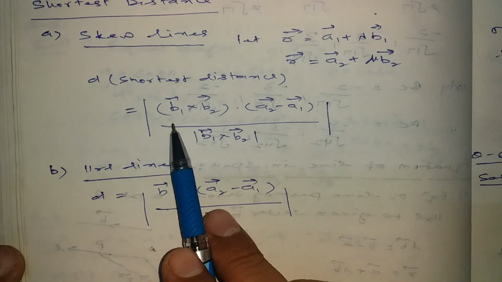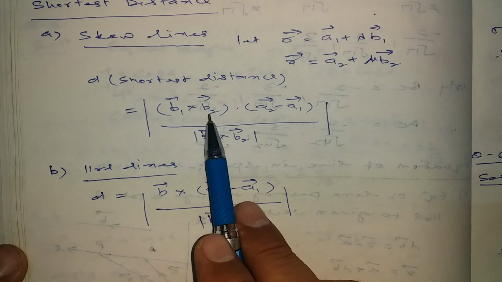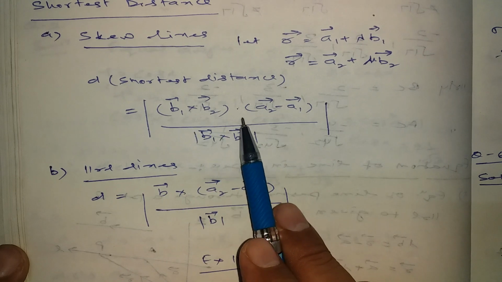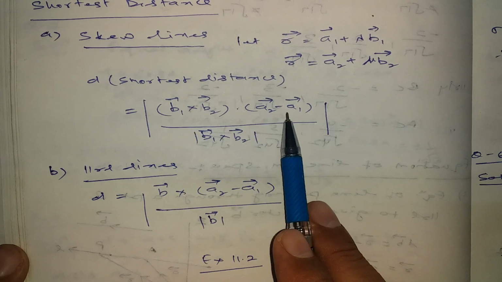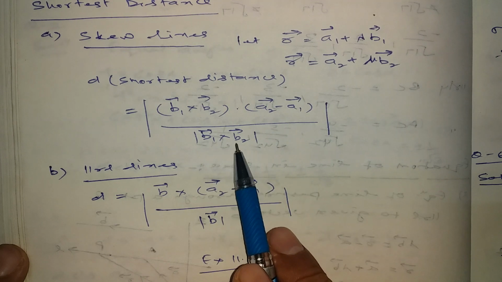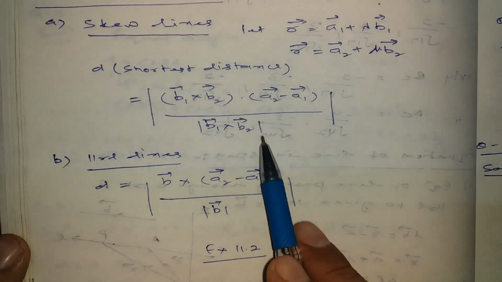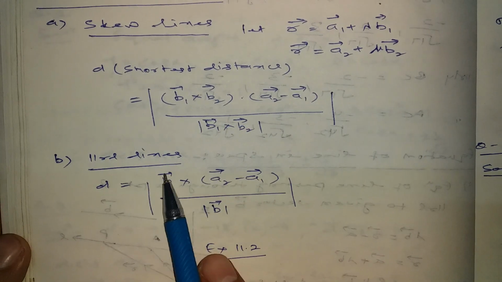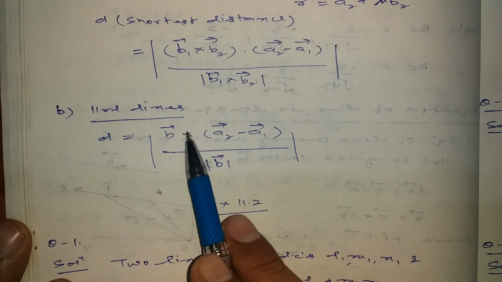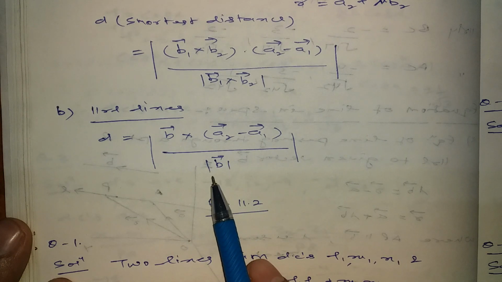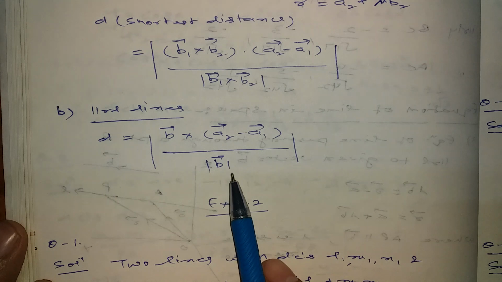Then the shortest distance between them is the dot product of (b1 cross b2) with (a2 minus a1), upon the magnitude of b1 cross b2. If the lines are parallel, then the distance is the magnitude of b vector cross (a2 minus a1) upon the mod of b vector.